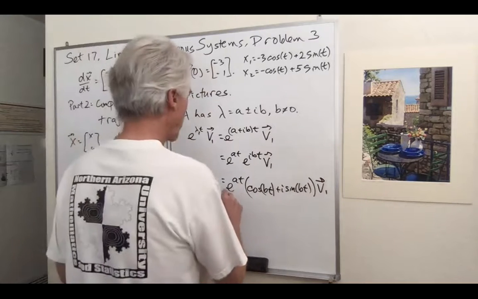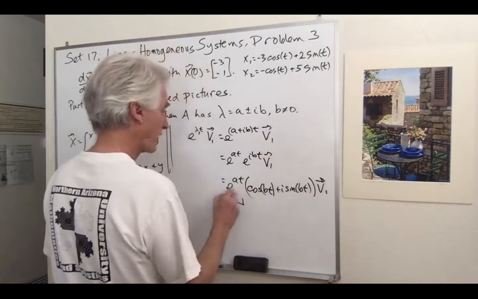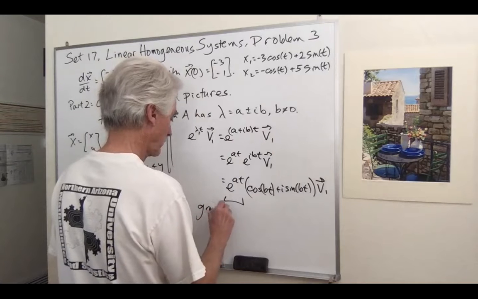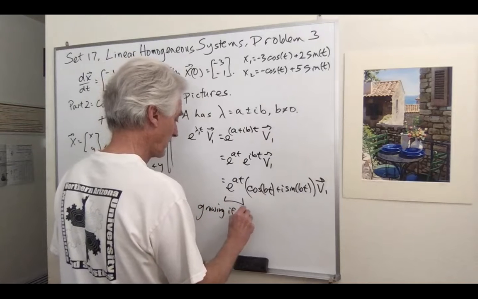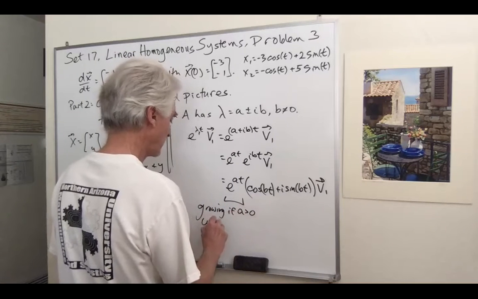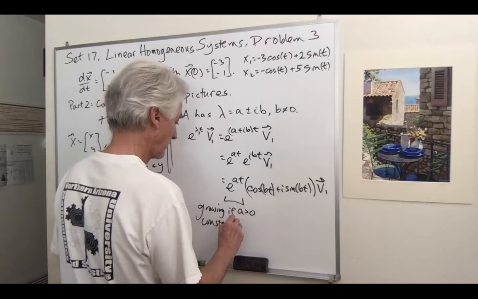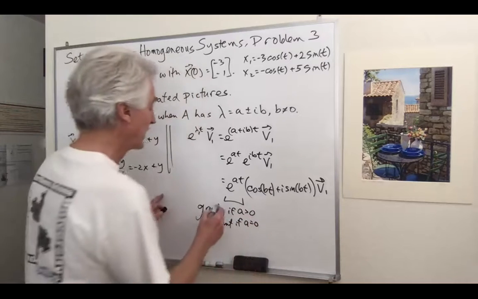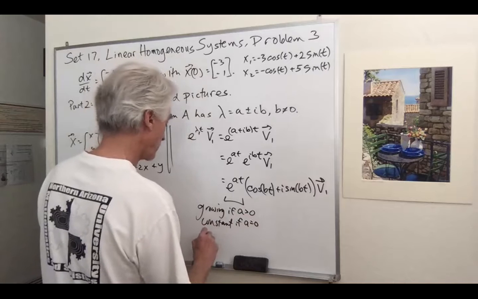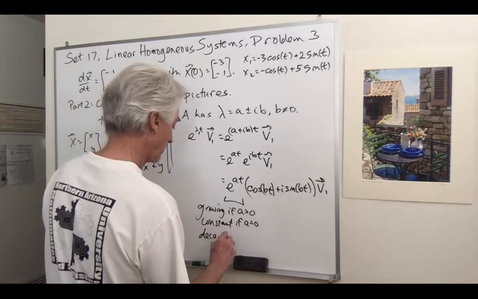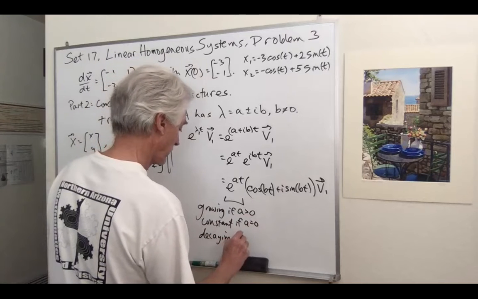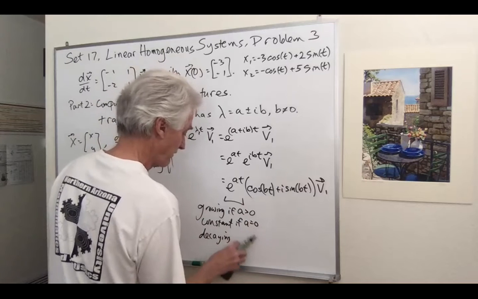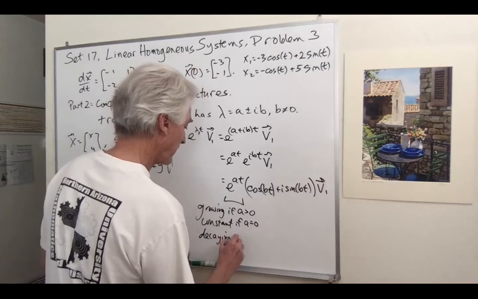So this thing is either a growing exponential, or it's constant if a equals 0, since e to the 0t is just 1, or it's a decaying exponential if a is negative.